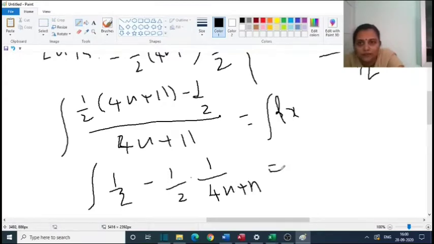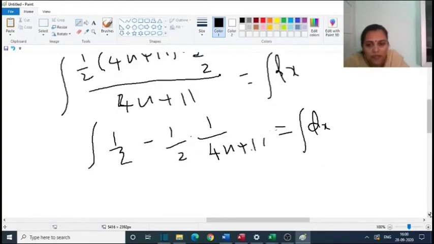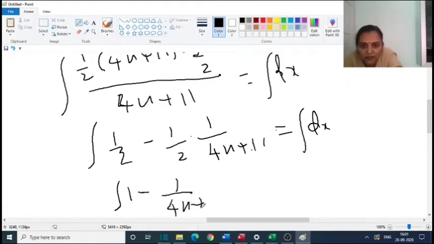Is equal to integral dx. Now both 1 by 2 terms, we can take that term to the numerator, that is integral of 1 minus 1 by 4u plus 11 du is equal to integral 2 dx.